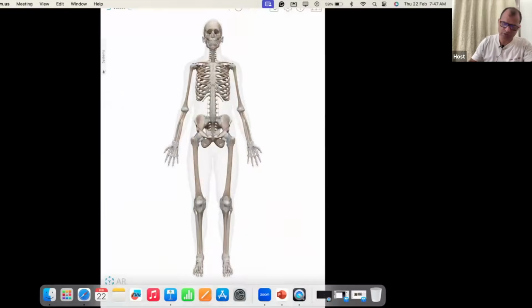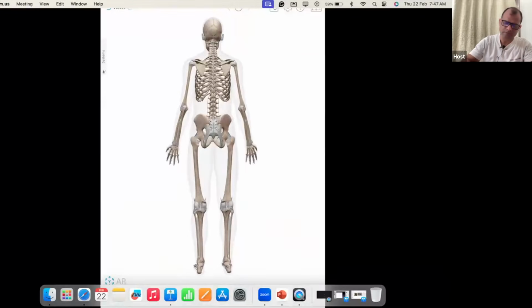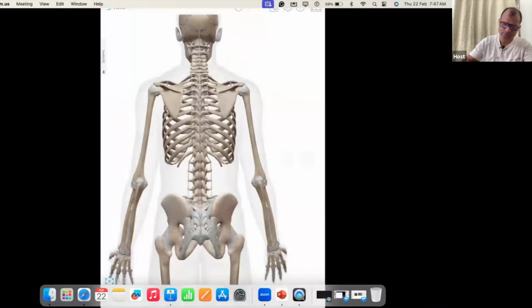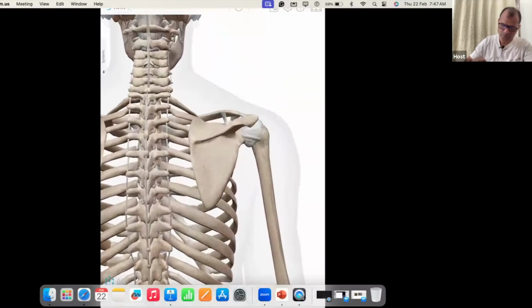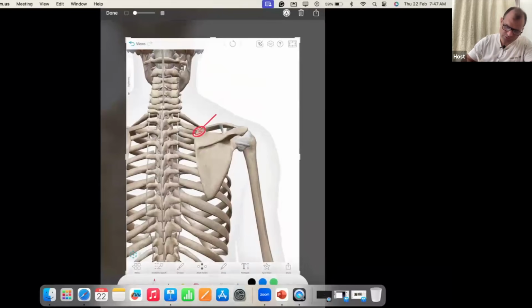So if you look at the scapula bone here, this is called the superior angle, and this one is called the inferior angle. Right.